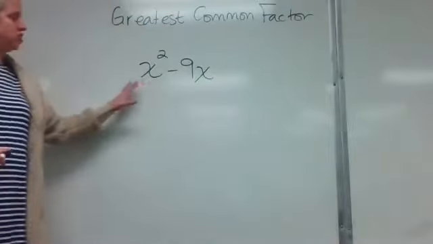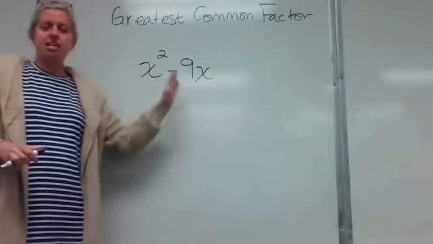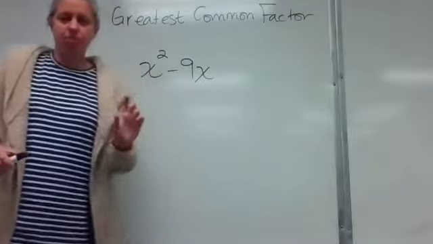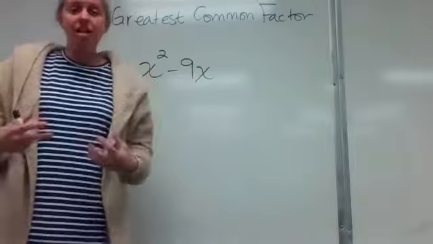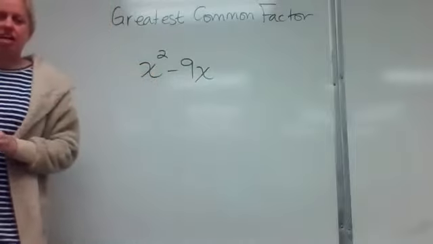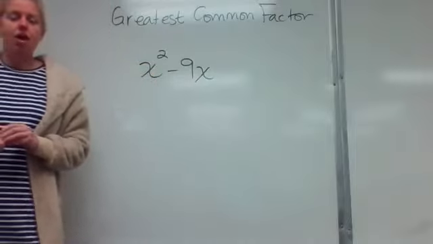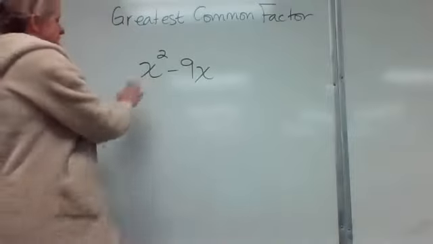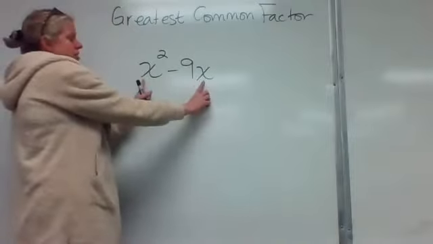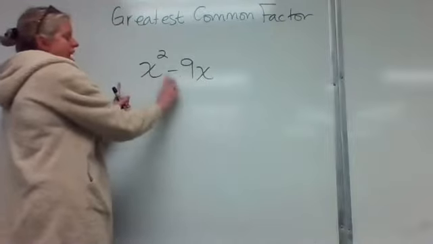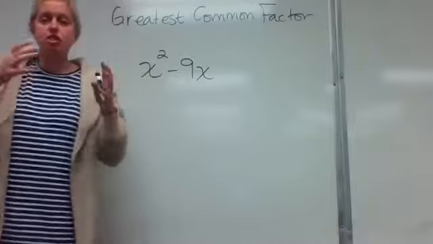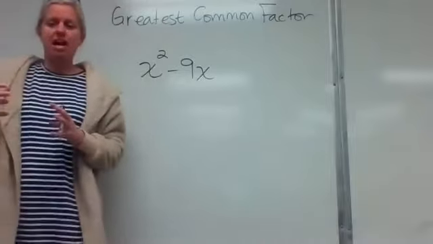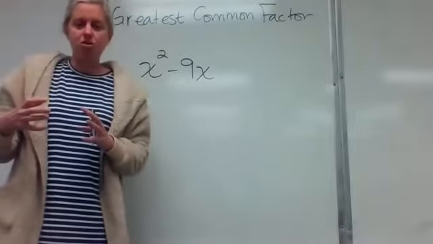So what you're going to be doing is looking at, in this case, the two different terms, and we're going to try and find the greatest thing that they have in common, and we're going to pull it out. So let's see. This one, you can look at both of these terms and see that they both have x's. If your terms all have x's, you want to pull out as much as you can from both of them.